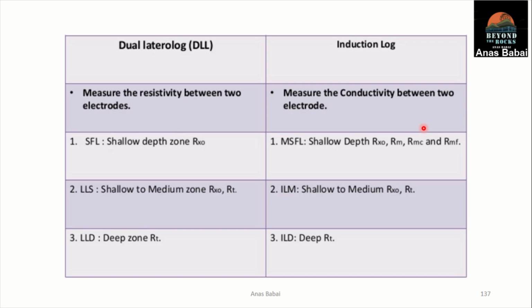We said that the Induction log is more efficient in drilling conditions in which we use fresh water or oil-based mud, while the Laterolog is only usable in environments in which there is salt water.